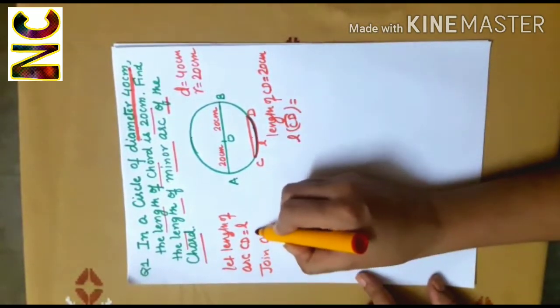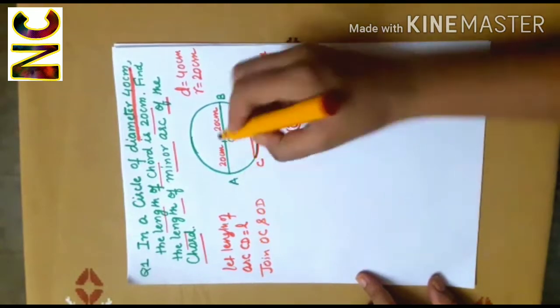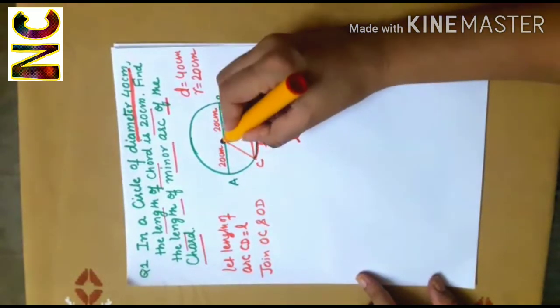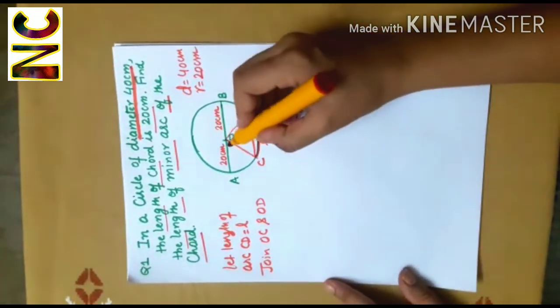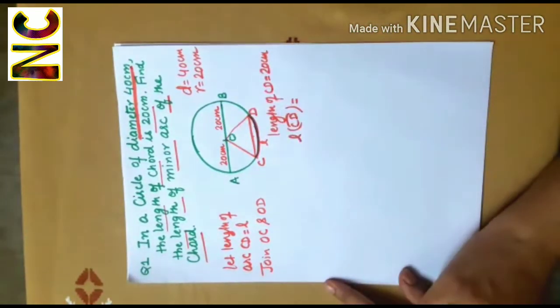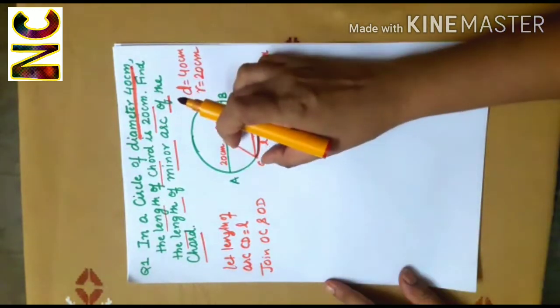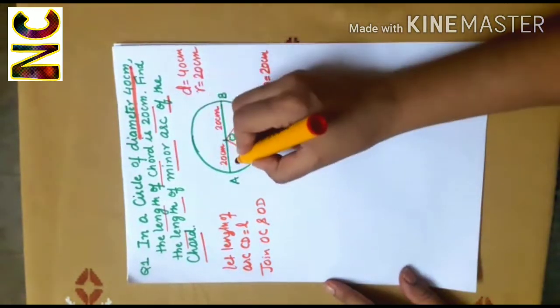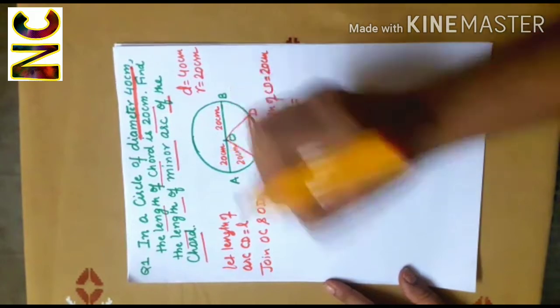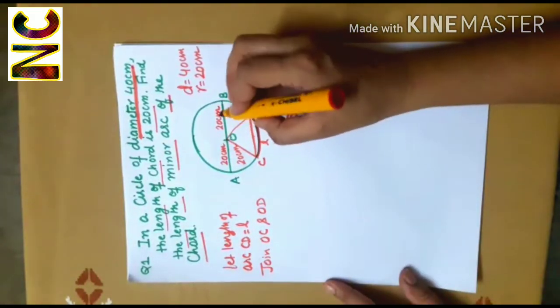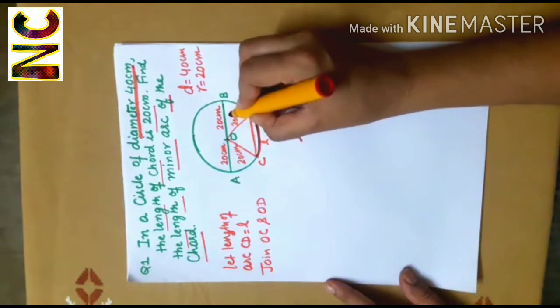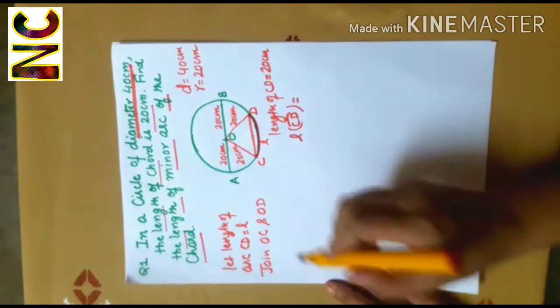We join OC and OD. Now, can you tell me what OC will be equal to? Yes, it is the radius of the circle, so it will be 20 centimeter long. Also, OD is the radius, so it will also be 20 centimeter.